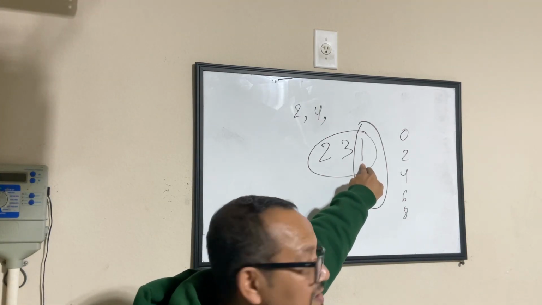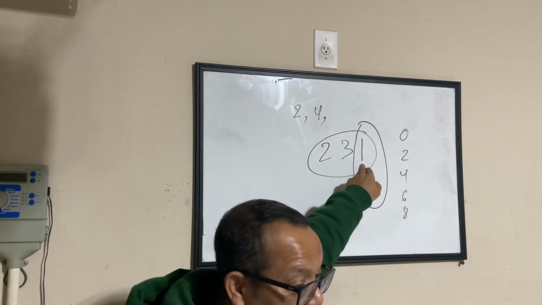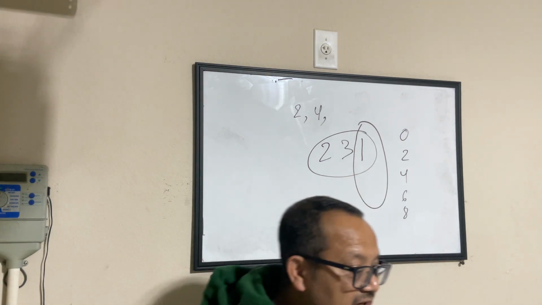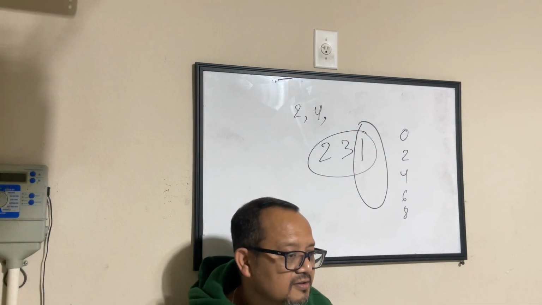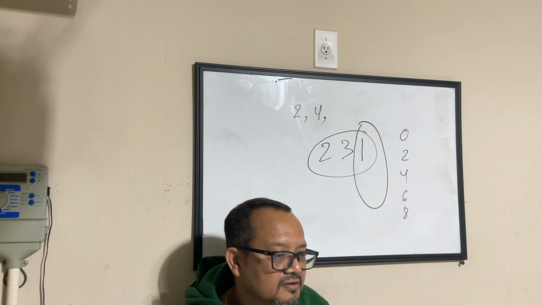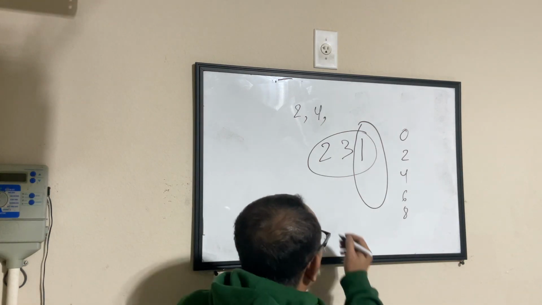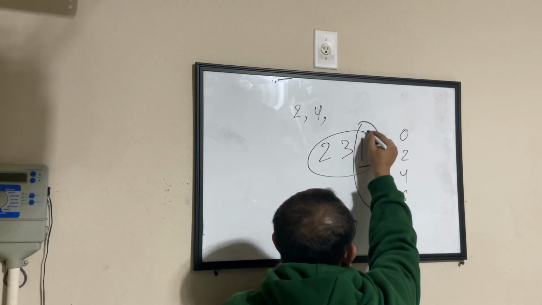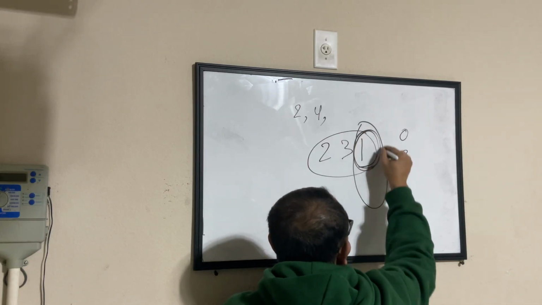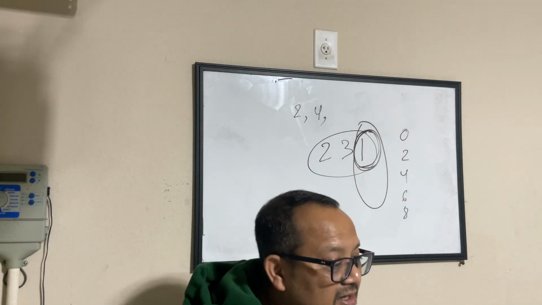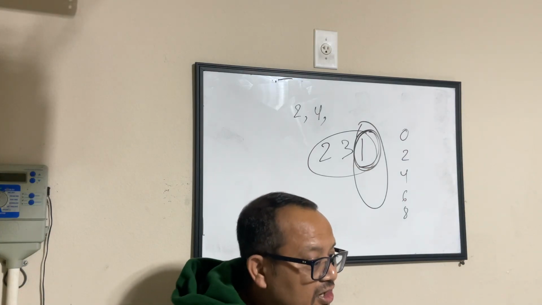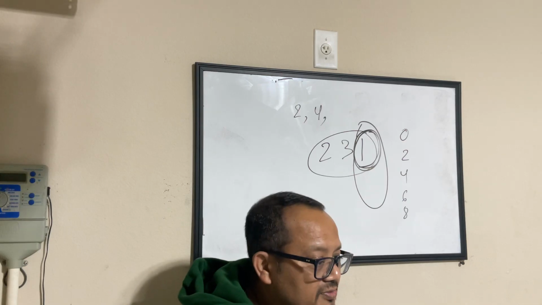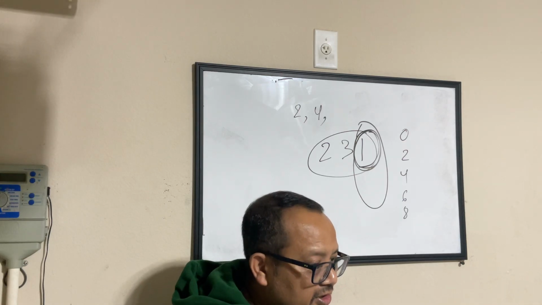Or that tells you that this is not an even number. If it's not an even number, you cannot divide by 2. If you have an odd number in the unit place, that makes the number odd. So any number which is odd, you cannot divide that by 2. Okay?